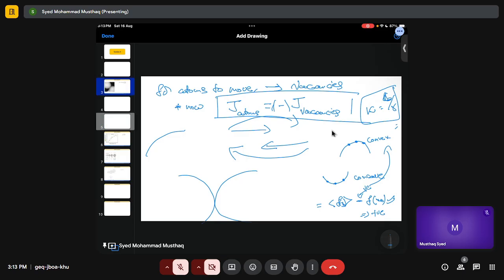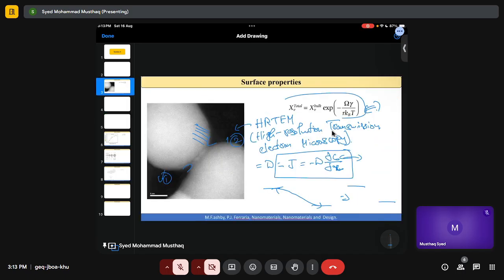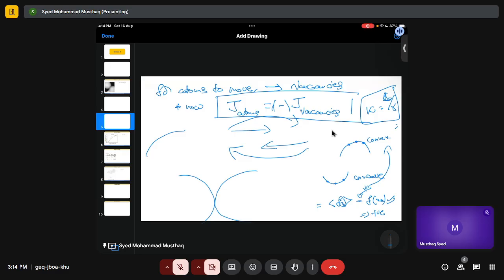Now, this is the relation we have derived. I hope I don't need to derive it again because we have derived it many times. Two times, I guess. Sir has derived it once, and I have also derived it once. And we know this is our convex and this is our concave, right?